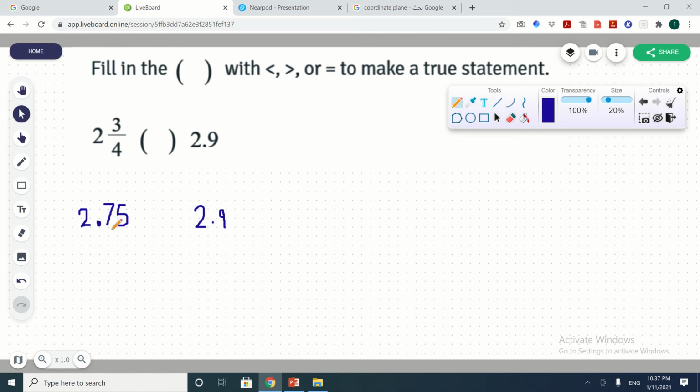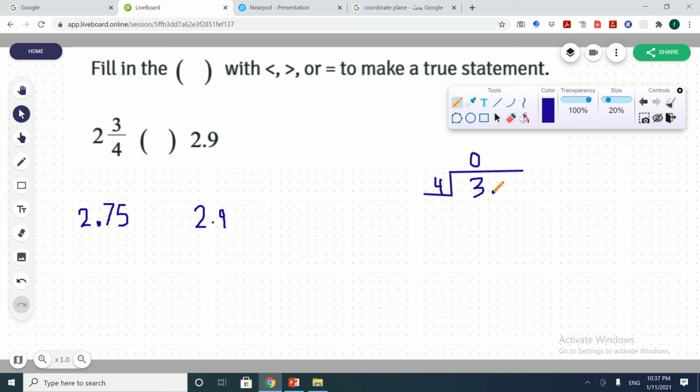How can we write it if you don't know the value of this 3 over 4 or how to convert this fraction to a decimal? What we will do here, we will keep 2 outside, put a point, then take this fraction and divide it here. بناخذ 3 over 4 وبنقسمهم هني. أنا عندي 3 divided by 4. 3 divided by 4 is 0.